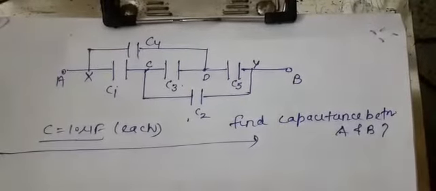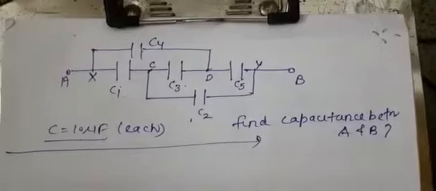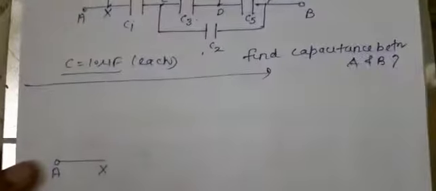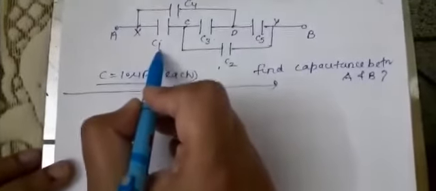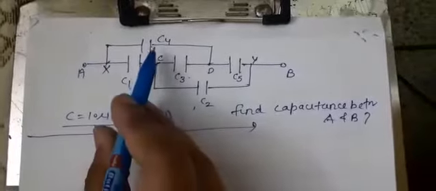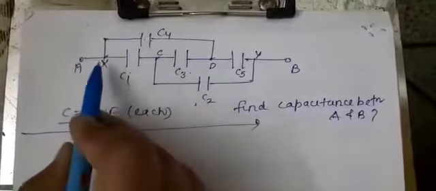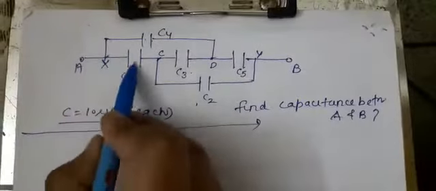So let's see how to redraw it. This is terminal A. This point is X. At this point X, which two capacitors are connected? C1 and C4. One plate of C1 and C4. And here it is a division of charge.